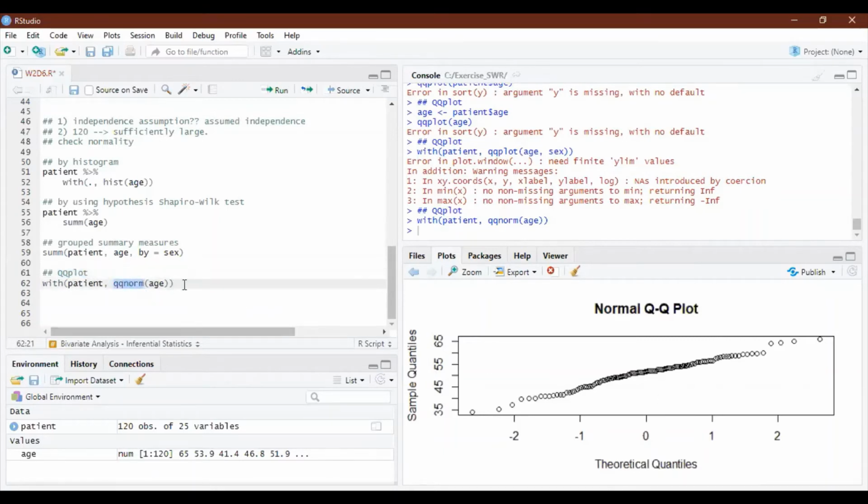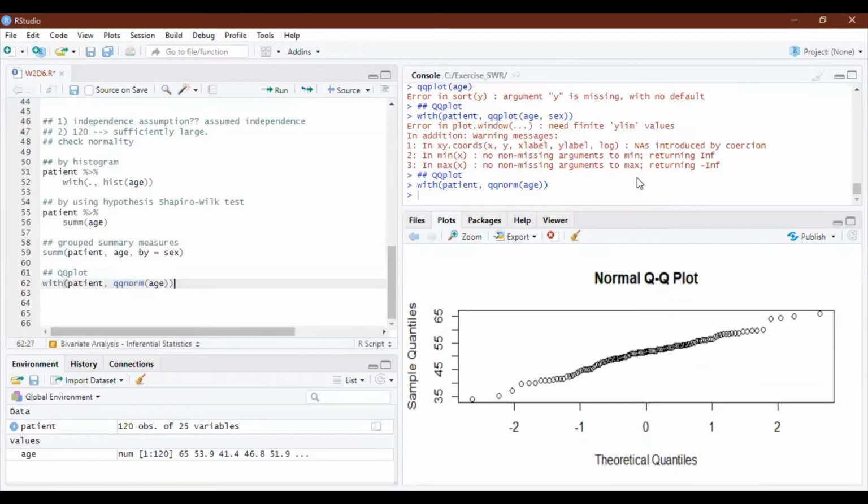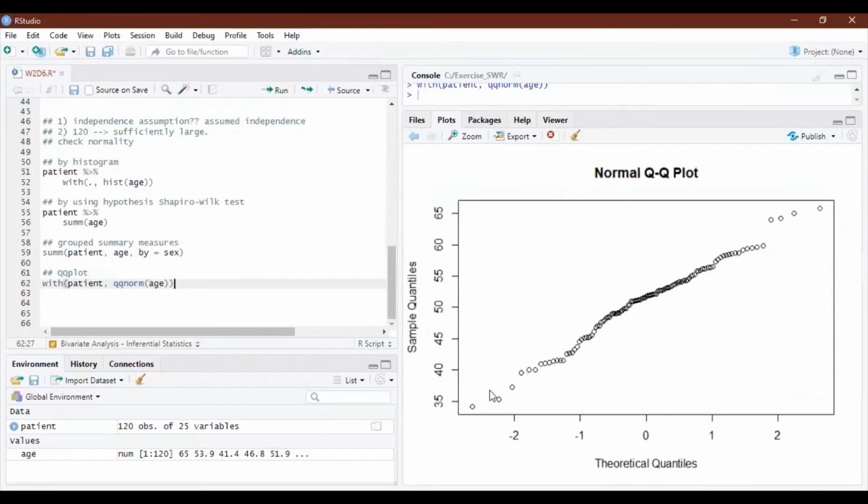Anyway, when we discuss QQ plot, we still need the diagonal line, right? So to add the diagonal line, you do this.